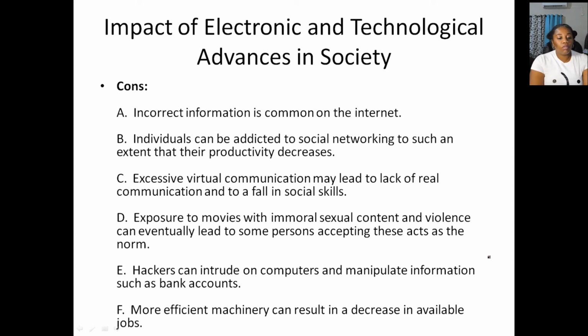Excessive virtual communication can lead to lack of real communication and to a fall in social skills. Exposure to movies with immoral sexual content and violence can eventually lead to some persons accepting these acts as the norm. Hackers can intrude on computers and manipulate information such as bank accounts, and more efficient machinery can result in a decrease in available jobs.